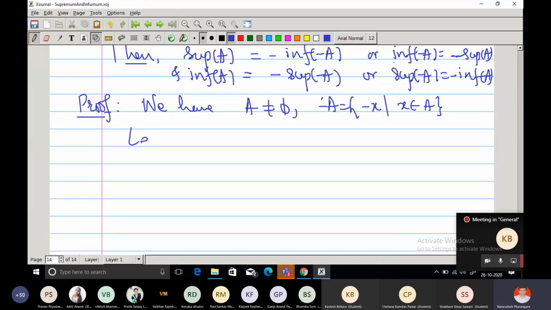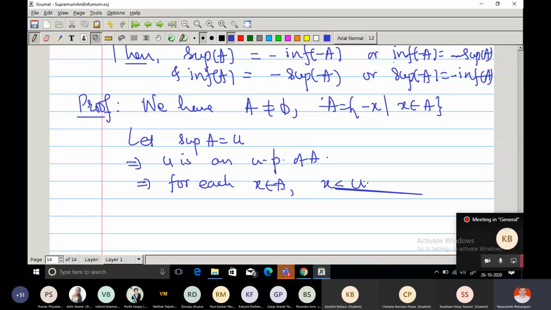Okay, so suppose the supremum of A is equal to U. Then U is an upper bound of A, right? Therefore, for each x in A, x is less than or equal to U. Correct? Is it right?